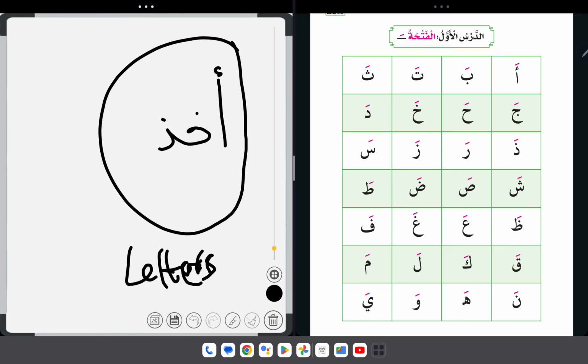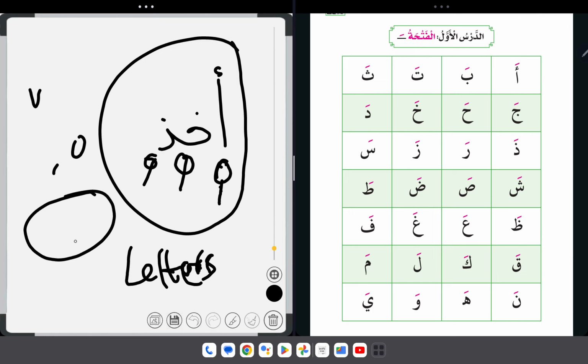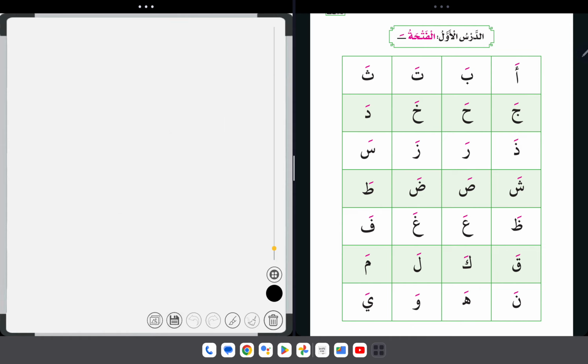I don't have a vowel to let me know which sound this letter is representing in this word, and which sound does this letter have. So by having vowels on each of these letters, I can know that, okay, this is the sound I want to make for this letter. This is the sound I want to make for this letter. Then it makes a complete word. Then the word makes a complete what? Meaning.